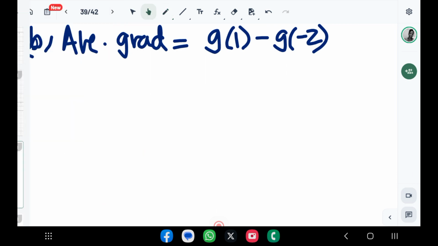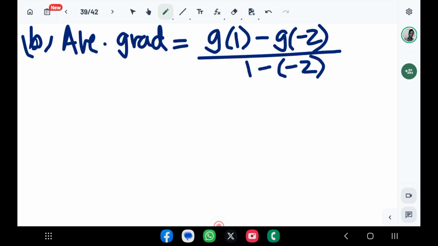g of 1 minus g of negative 2, all over 1 minus negative 2, which is equal to, remember, g of x equals negative x squared plus 1.